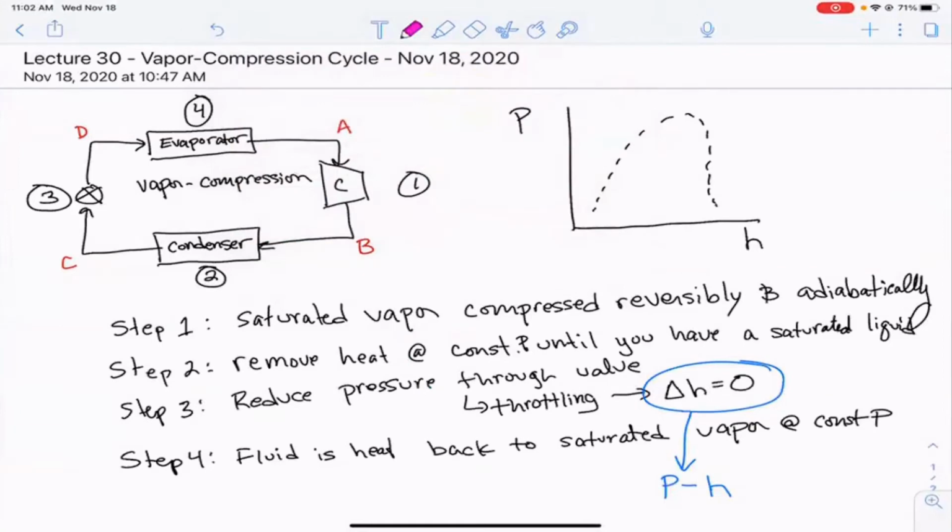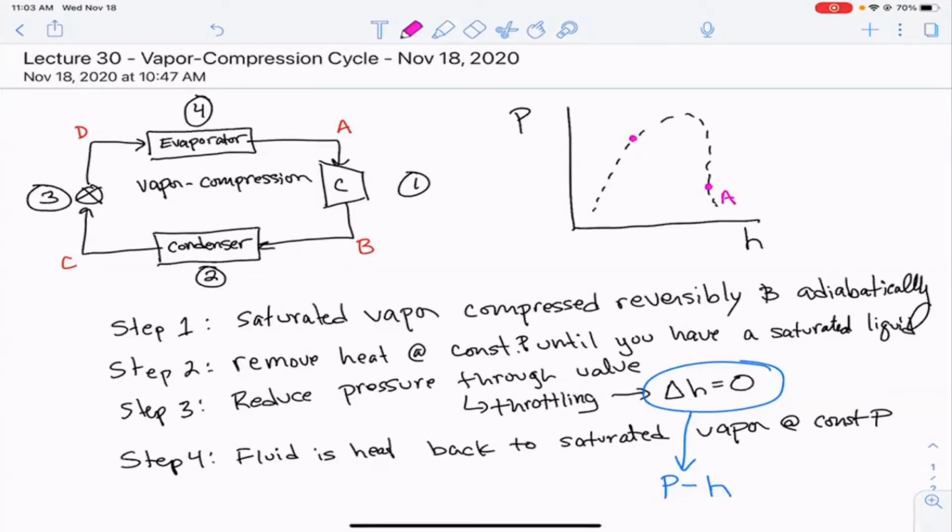Well, again, at state A, we are at the lowest temperature and pressure, and we're a saturated vapor. And so we would be approximately here, right? So that would be state A. And then at state C, we're saturated liquid at the highest temperature and pressure. Okay, so we're there on the curve.